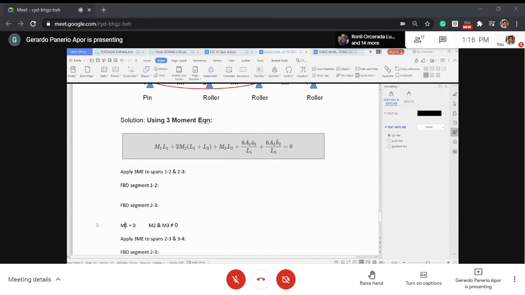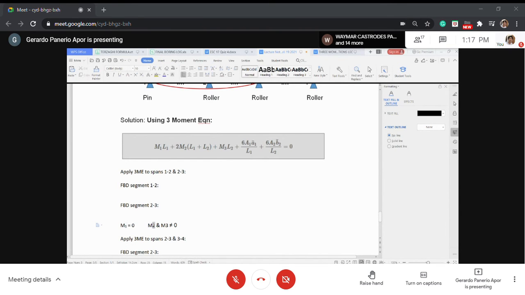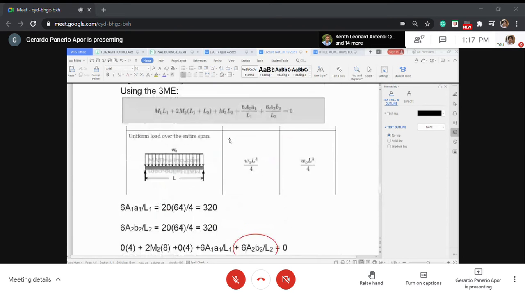In other words, there are two unknowns. So, your equation, if you substitute, will be 0 plus 2 times M2 multiplied by 8, then plus M3 times 4.